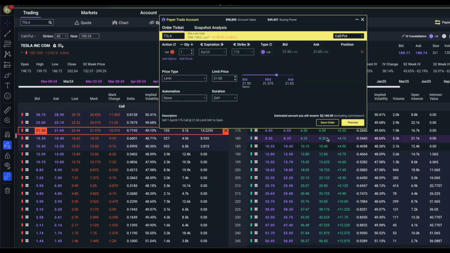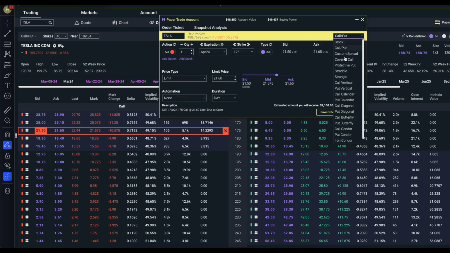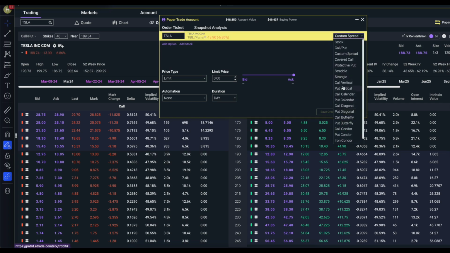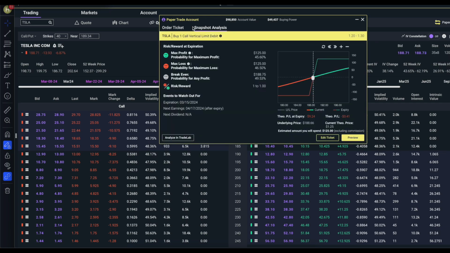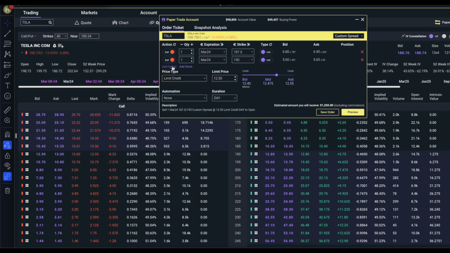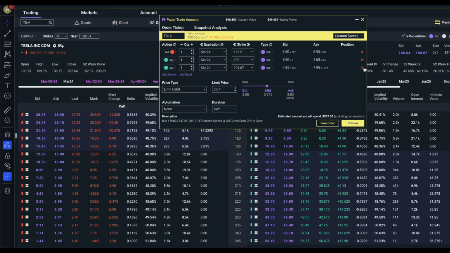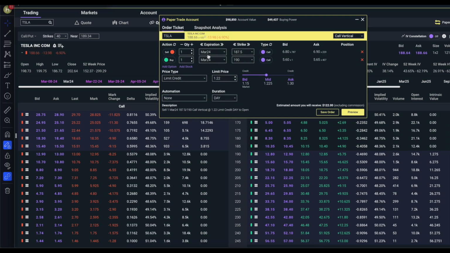Now, the best way, in my opinion, to trade when you're doing this type of thing, let's get rid of this here. Let's go to a call vertical. You can see it's called a call vertical, even though we're looking on the bearish side, right? So we have to inverse the strikes.